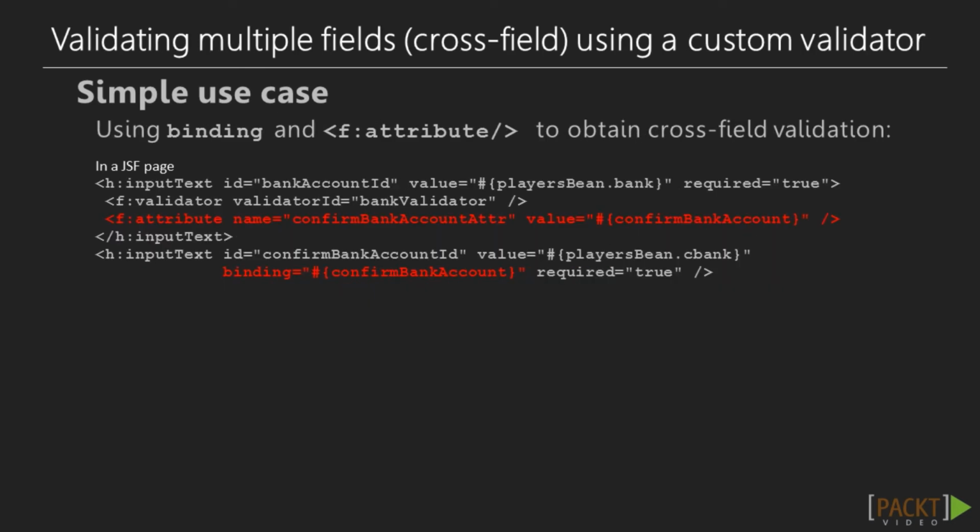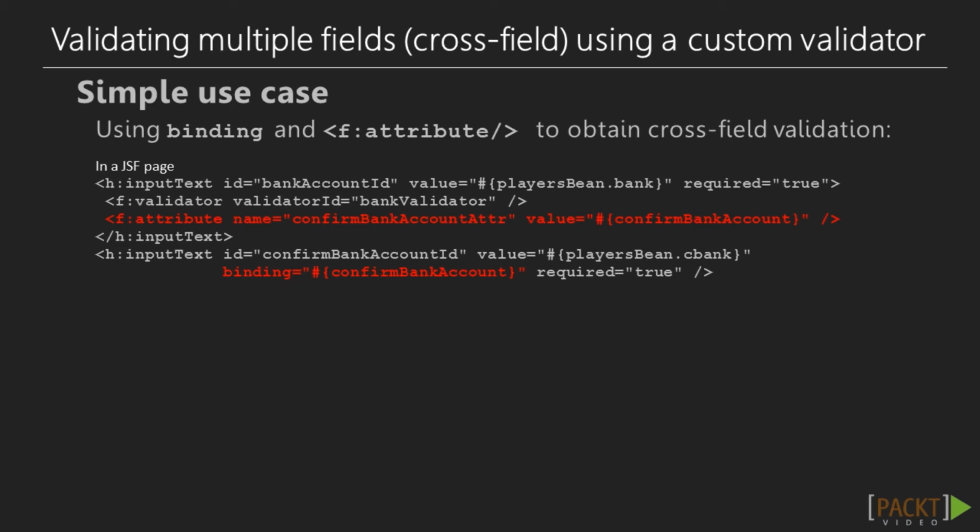Further, let's talk about cross-field validation, which is a real challenge in JSF 2.2. A common example consists in validating a password or a bank account against its confirmation. The big issue consists in the fact that we cannot give to a single validator the bank account and the confirmation at the same time.